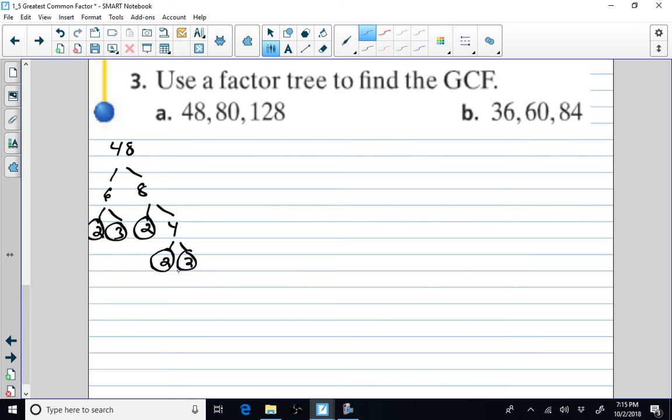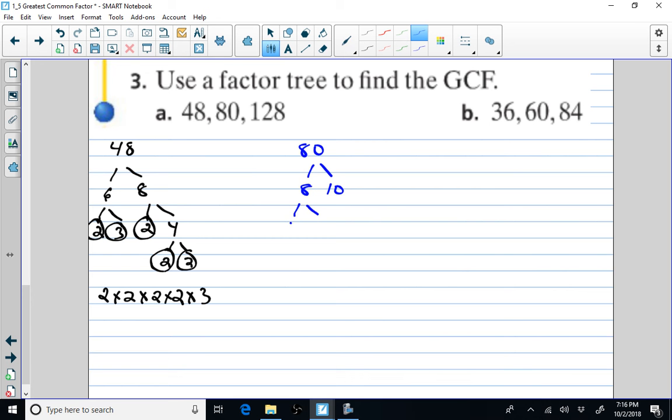We take our circled prime factors and we list them in order. So we have 1, 2, 3, 4 factors of 2. So that's 2 times 2 times 2 times 2. There are my 4 factors of 2. I have 1 factor of 3 for 48. Next we'll do 80. My factor tree for 80, I'm going to start with 8 times 10.